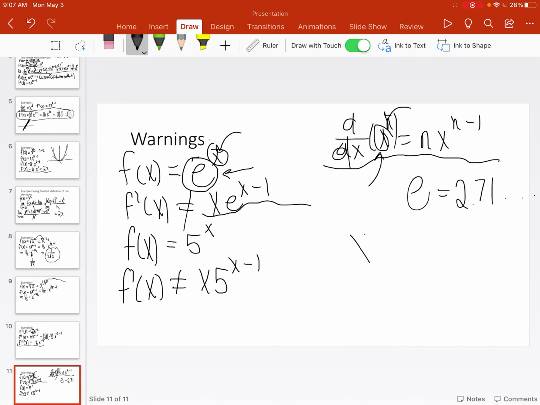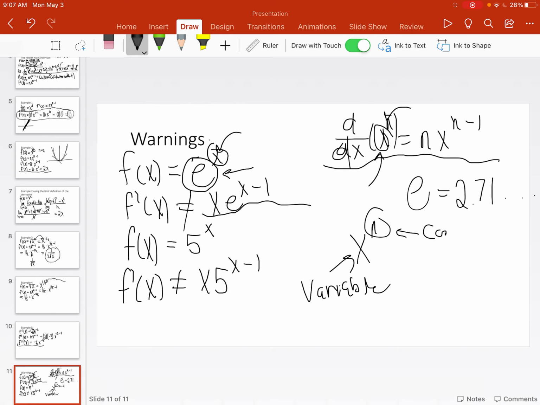The power rule only applies if you get the base is some variable x, and then n is just some constant. So be aware of that.